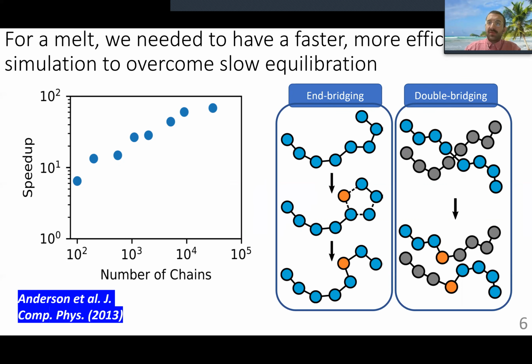A double bridging move is a better example of why this works so well for our system. You have 2 chains that are entangled along a bond, and if you pick those beads and you break their bonds and you reattach them to the other chains, those chains can easily move apart now, and you've effectively relaxed the system much faster than you would with a conventional moveset.